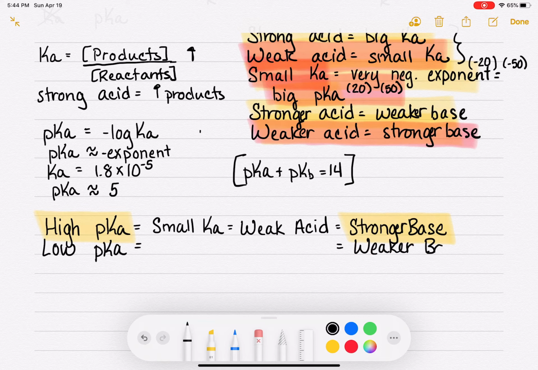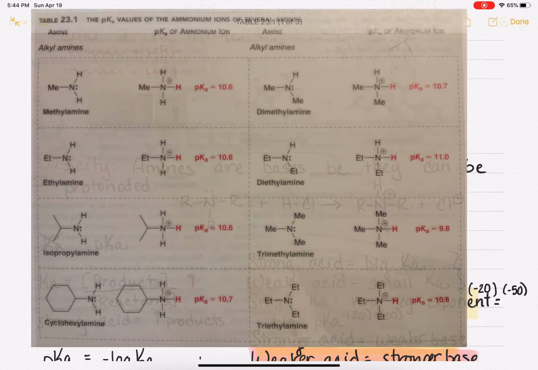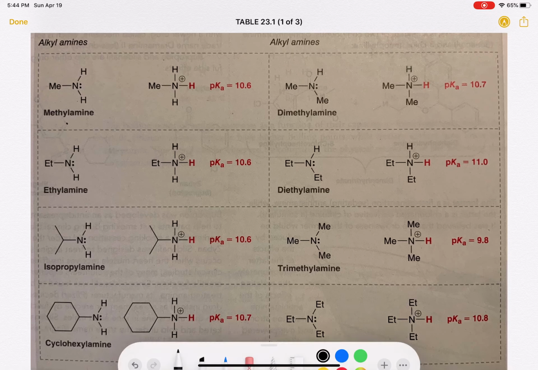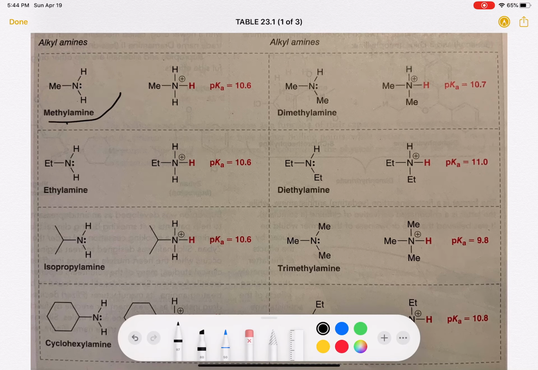So if we have a table of pKa values, we can use this to rank a set of amines in terms of their basicity. And in your textbook, you have 3 tables with pKa values in them, and this is one of the tables. In this table, you're getting the structure of an amine.